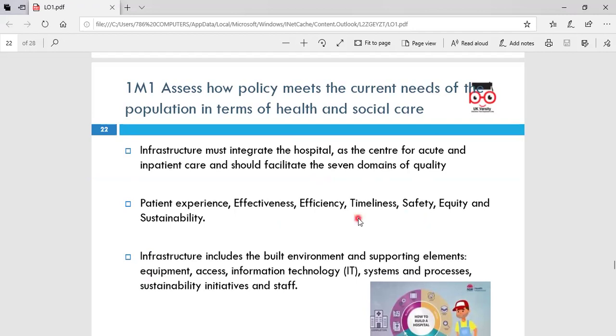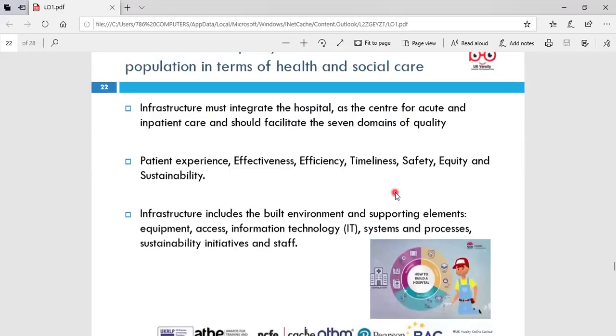So all of these must be a part of the infrastructure within a hospital in order for it to be working effectively. Your patient experience should be there, your effectiveness should be there, you should be efficient with whatever resources you have. Timeliness is very important. There should be safety, equity, and sustainability.